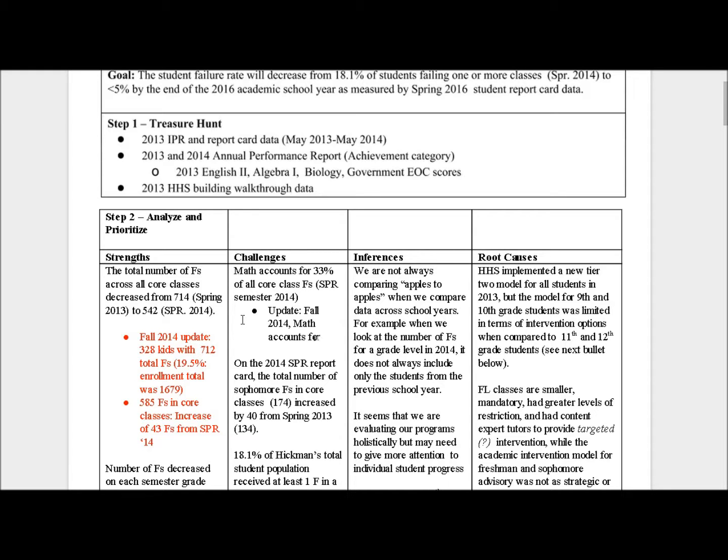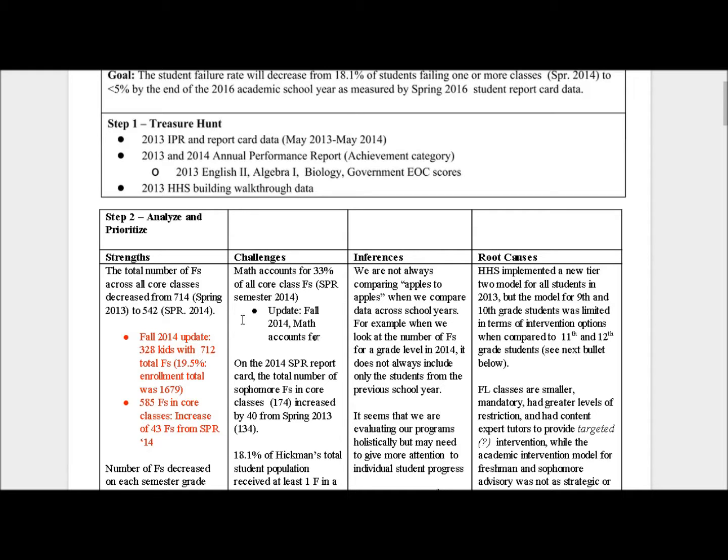What I've done was a quick update, because this school improvement plan was developed at the very beginning of the school year after having conversations with Leadership Council, looking at data from 2013, and having conversations with the faculty and surveying you all about Focus Lab and our RTI model. That's when this was developed.